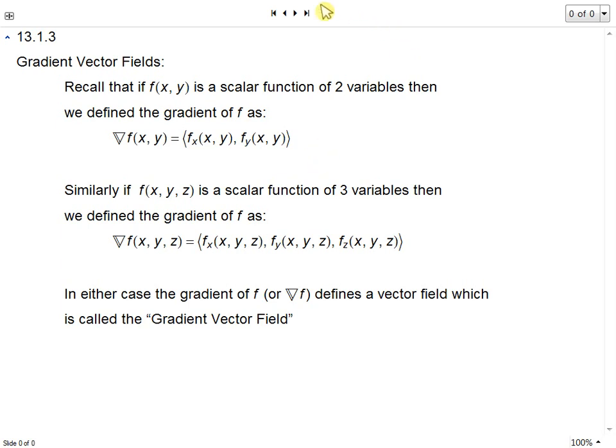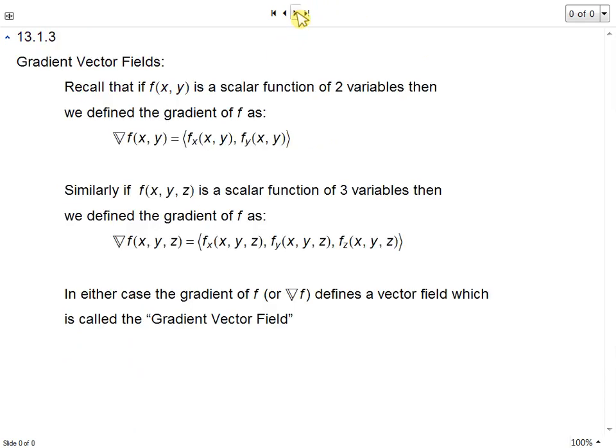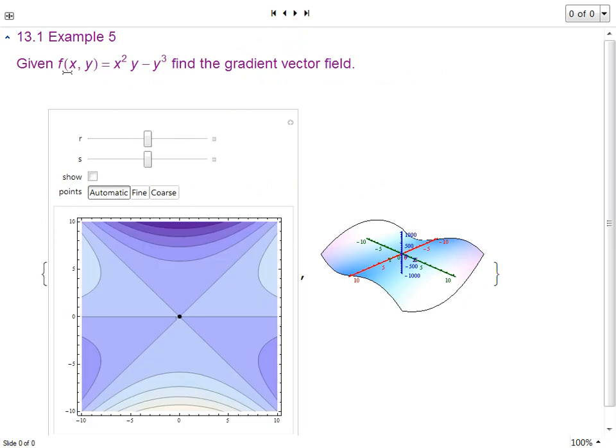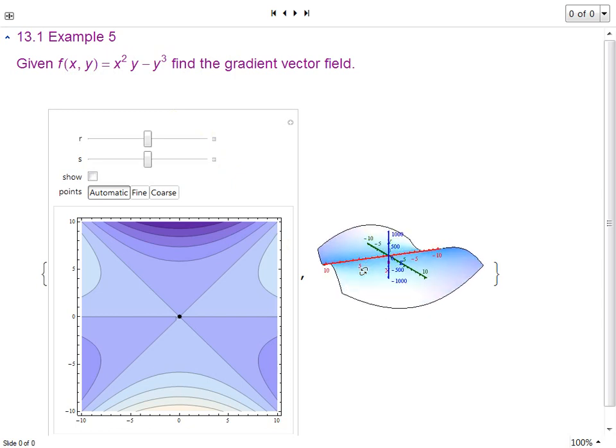So the difference is this. If I give you a vector field, here it is, right? If I give you a scalar function, it gives you a surface. But we know that we can always define the gradient of this scalar function by computing the partials.